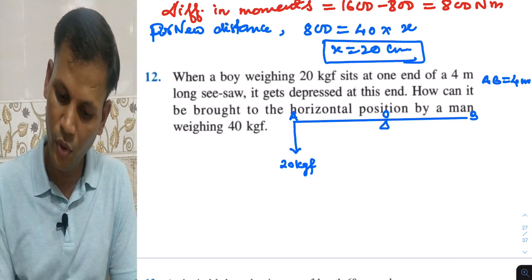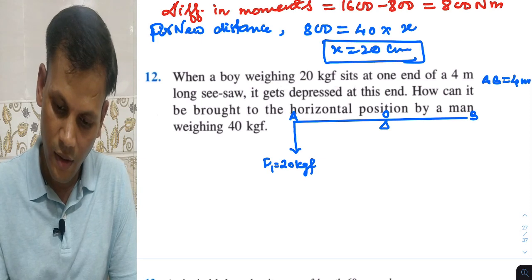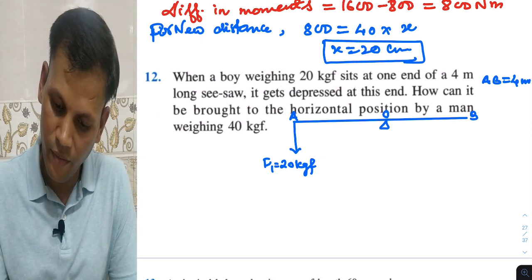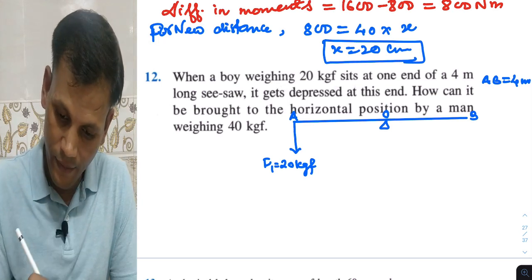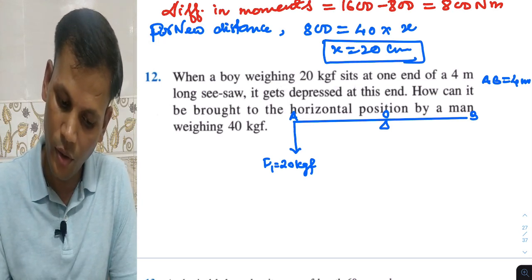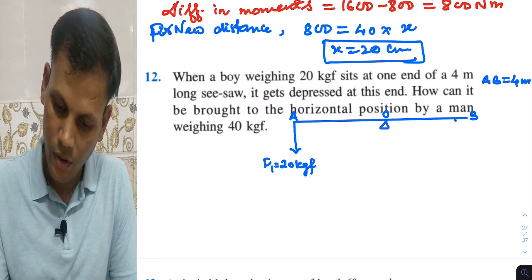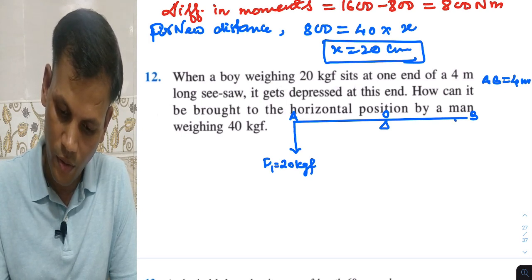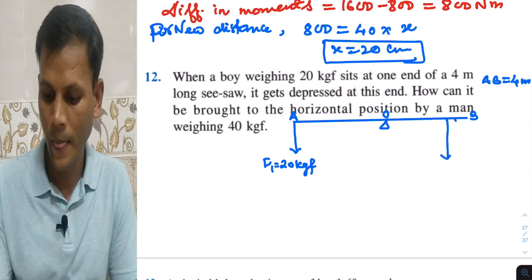One of the forces is F1, and another person has a weight of 40 kgf. How can it be brought to balance? This distance we don't know, where he will sit with the 40 kgf.